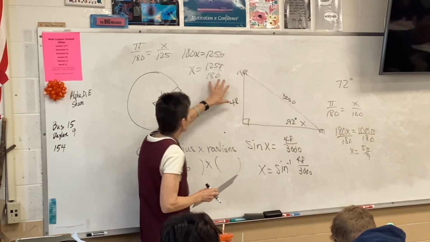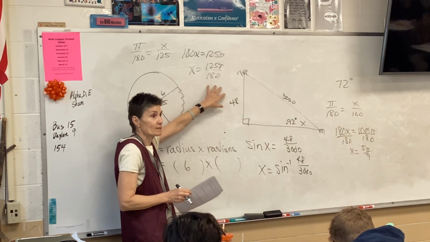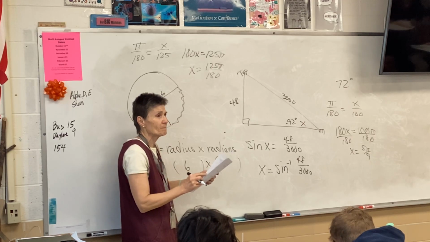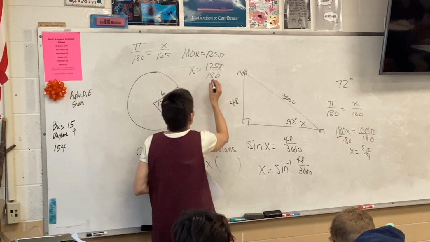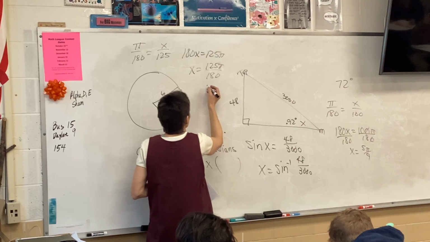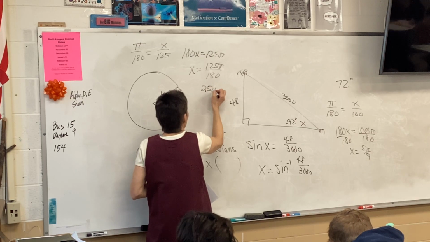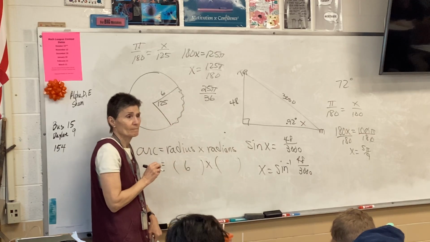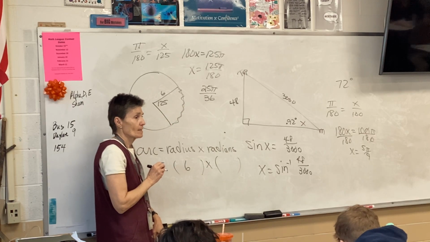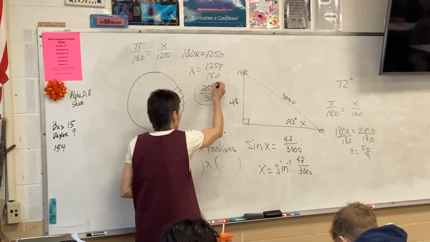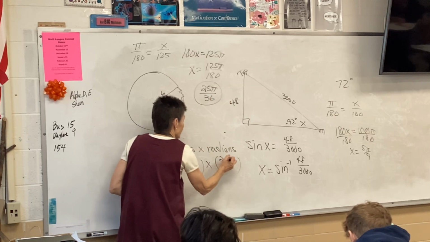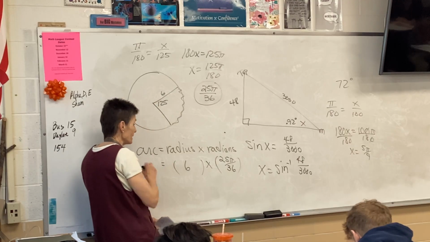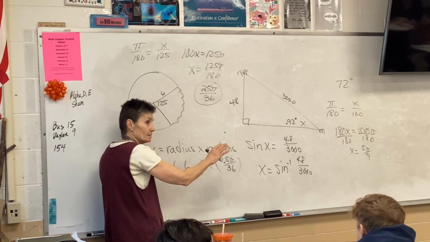Here you can't cross out zeros, but you can reduce that because both of those are divisible by 5. So 5 into that is going to be 25 pi over 36. And that is what goes here. And then you're ready to multiply.